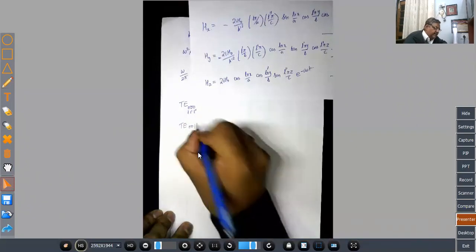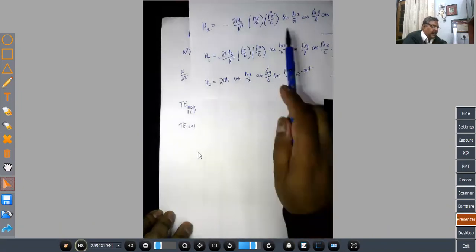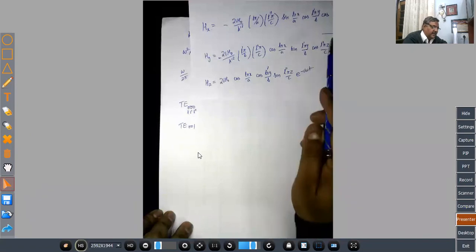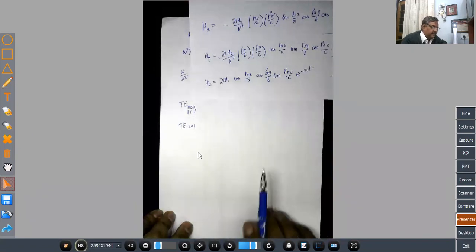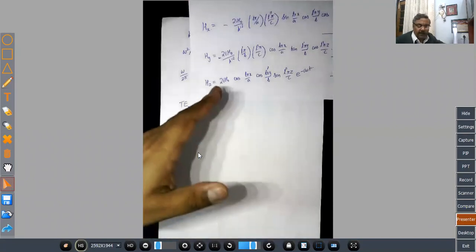Similarly, if I take this, L and L dash are 0. L is 0, this will be 0. L dash is 0, this will be 0. And what about this one? This is the axial field.